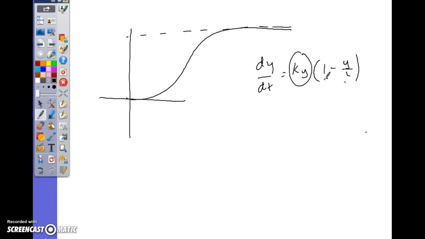So move all the y's over by dividing, giving 1 over ky times (1 - y/L), and let's put the dy over here. dy equals dt. I'll put a 1 over here just for placeholding purposes.